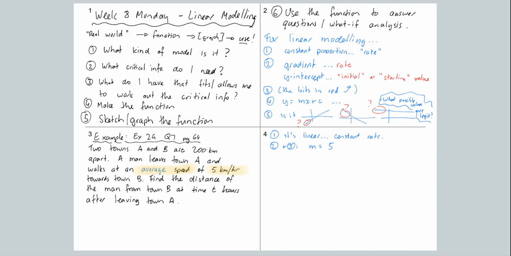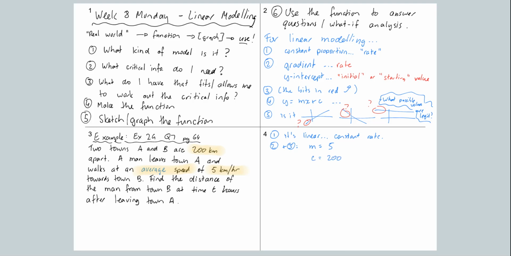So given that, you can't go wrong too much as long as the final interpretation is appropriate. But I can see I've got 200 kilometers there, so that's fine, and I'm going to use that as my initial value. I might have used an initial value of 0. Just keep that in mind. But in this case, not having a good day today, am I? I'm going to use c equal to 200.